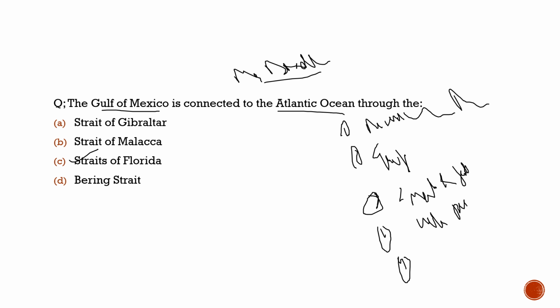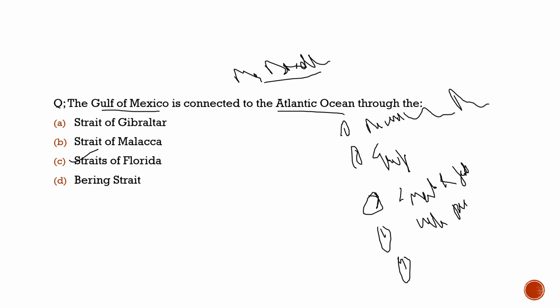The USA is prioritizing this because the Gulf is high in resources, fossil fuels and natural gas, and they want to change its name from Gulf of Mexico to Gulf of America. So I hope you have understood a little bit about the Gulf of Mexico. It is connected to the Atlantic Ocean through the Strait of Florida, and it borders North America. Let's move to another question and see what we have brought on the next slide.